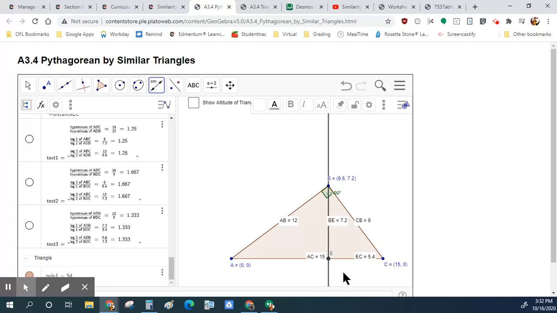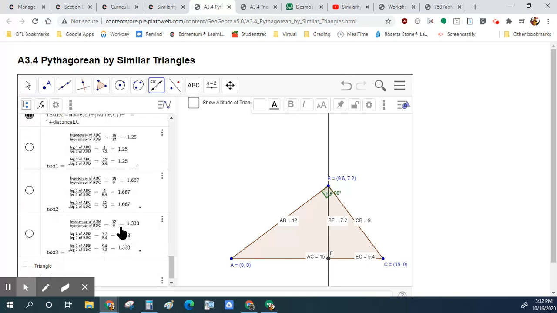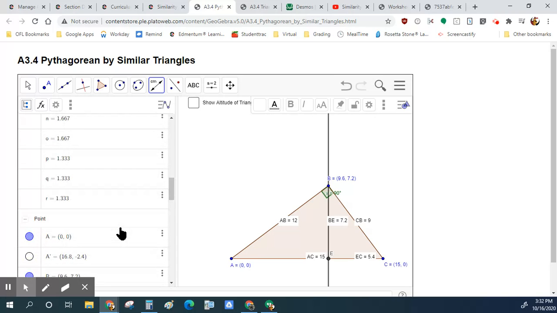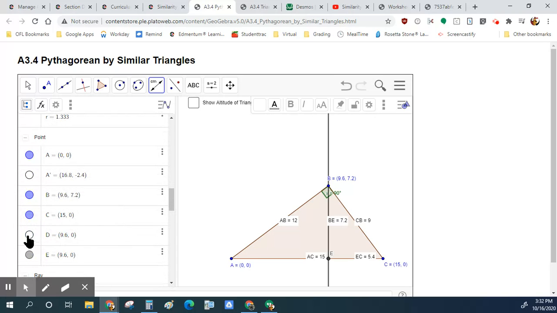BD, where are you? Oh, mine says E. So instead of D, we're going to have this E. I don't know why it's D. Oh, I do have a D here. I just didn't show it, apparently.